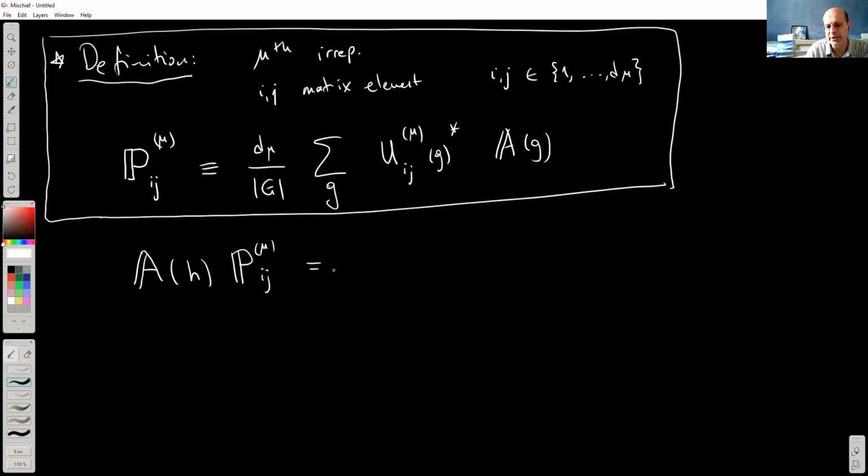There are lots of steps, but you can show that it's equal to the sum over L of u^mu_Li of H times P^mu_Lj.